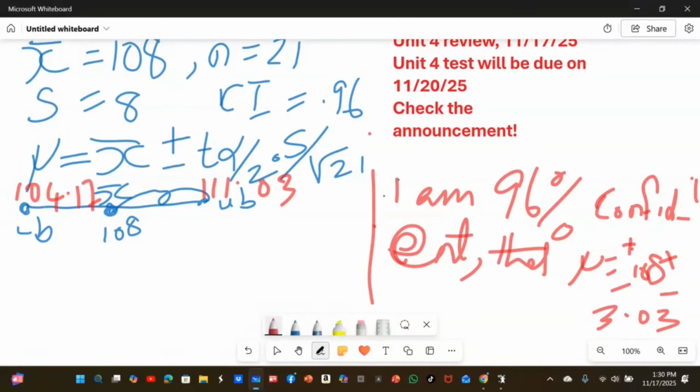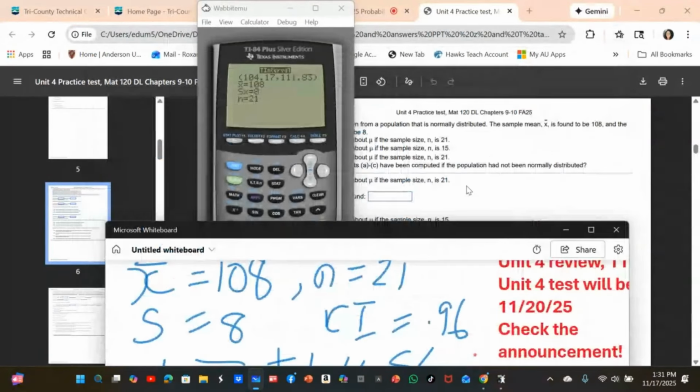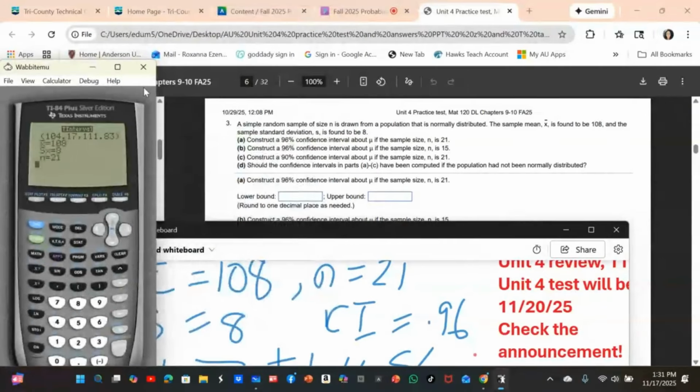So now we found the margin of error this time, ME is equal to 3.03. Let's go back to the question, where they're asking us to do some manipulations. If you can do one of these, you can do all of them.